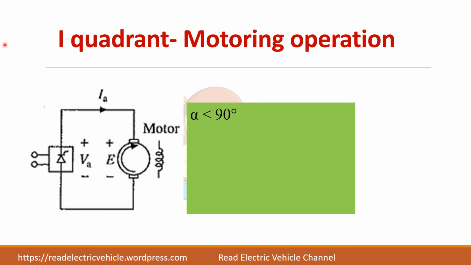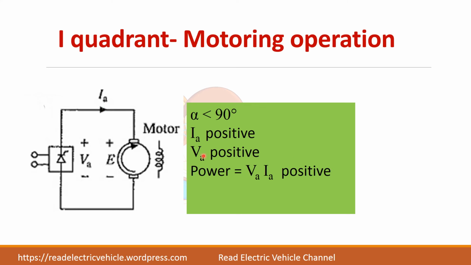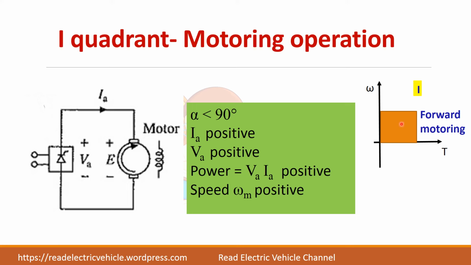For first quadrant operation in a single phase fully controlled converter, alpha should be less than 90 degree, Ia is always positive, Va is positive. Va and Ia positive means power is positive, and speed is also positive. So you will get forward motoring operation. Omega, the speed, is positive, so torque is also positive. So you are getting forward motoring mode.